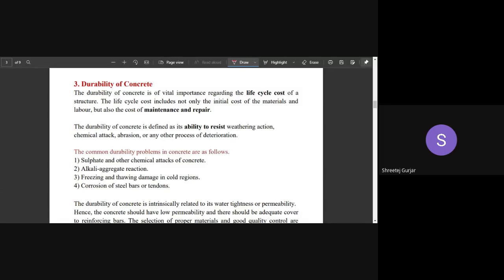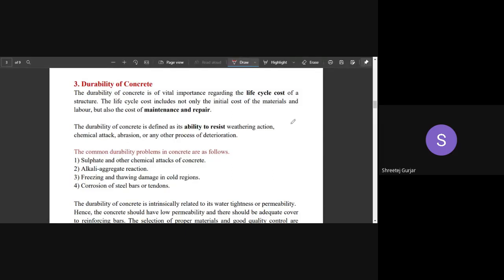So it is more of a concern whenever we are dealing with corrosion of steel in PSC. So we need our concrete to be more durable so that corrosion of steel bars and tendons in your PSC elements does not occur. So these are a few common durability problems in concrete, which we have seen.